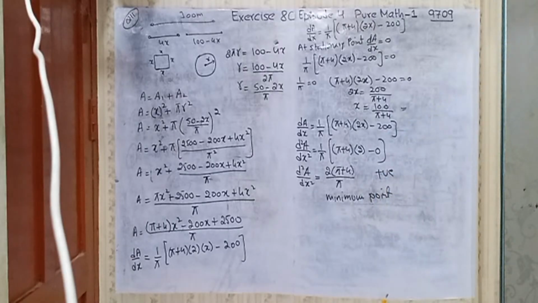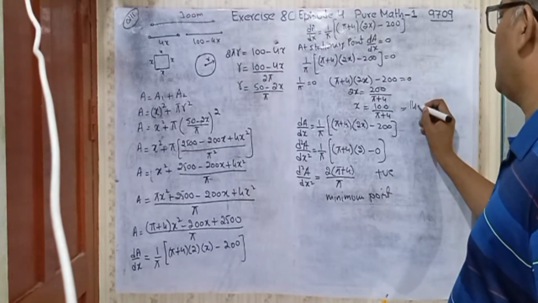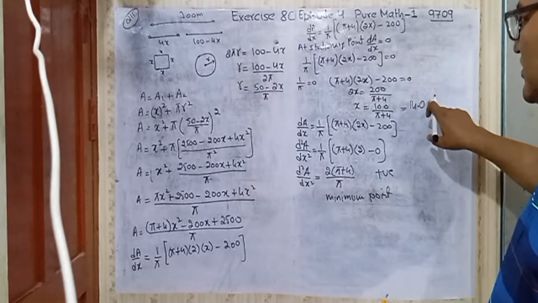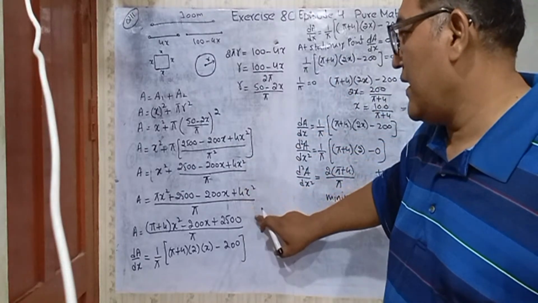You see, the value of the x can be found in decimals as well. So 100 divided by bracket pi plus 4 bracket close equals to 14.0. This x value, the stationary, 14.0.